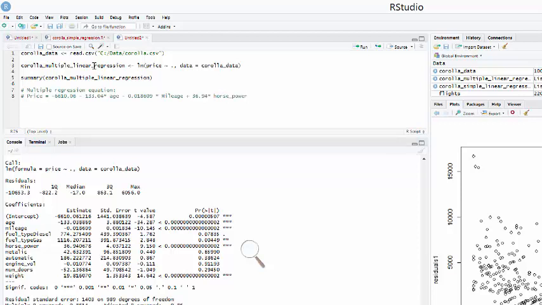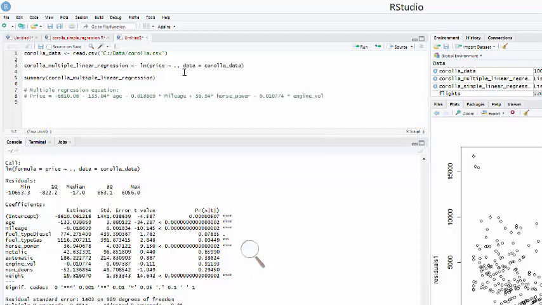Okay, then what do I have? Engine volume, it's negative, right? Minus this one right here, I'm just going to copy paste. This one times engine volume. All right, I'm going to start a new line. Equation continues, right?